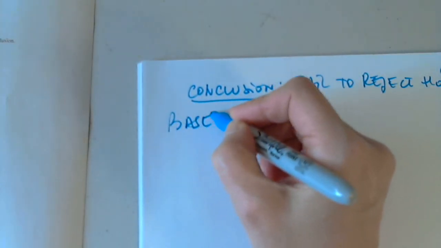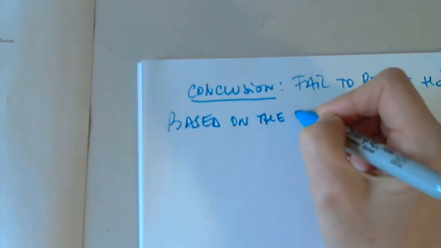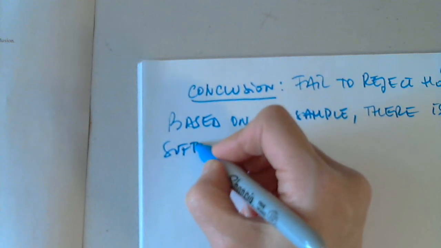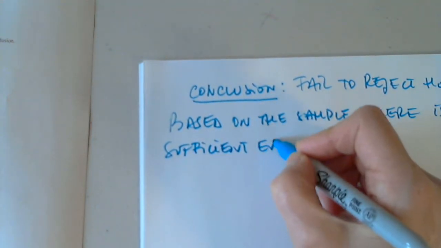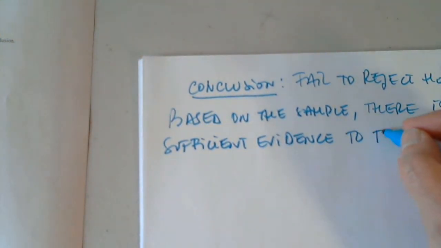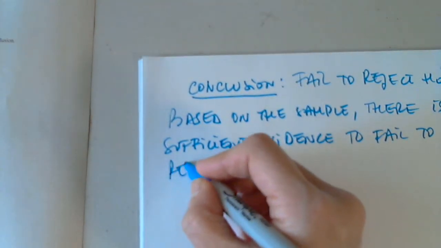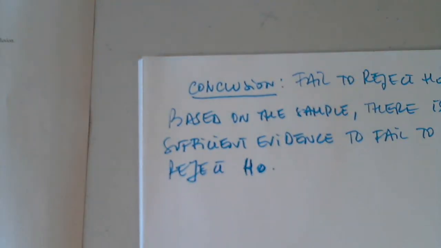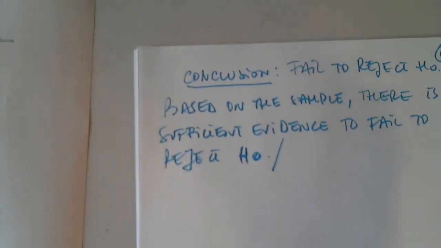Based on the sample, there is sufficient evidence to fail to reject the null hypothesis. Another way would be, there is not enough evidence to reject the null hypothesis, whichever.